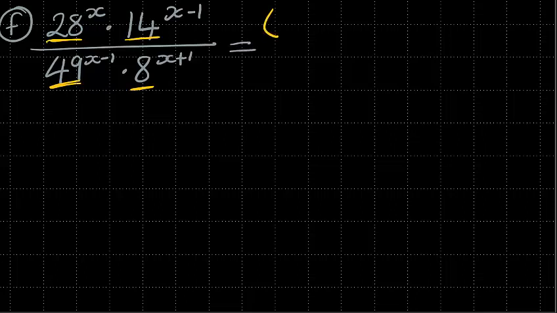So let's do the factors of 28, which is 2 times 2 or 4, multiplied by 7.